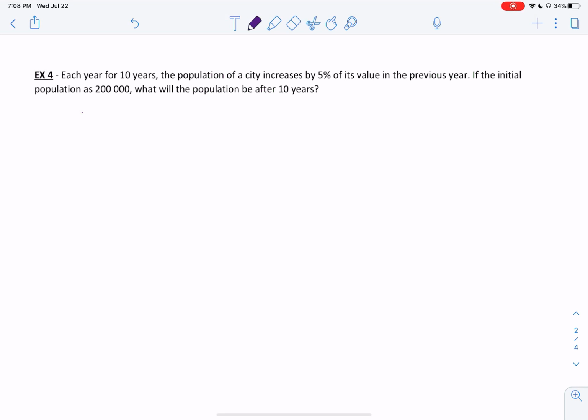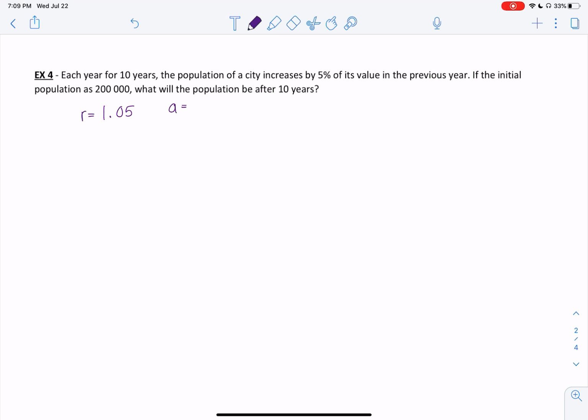So we need to find r, and this is actually very similar to when we were looking for our growth rate in exponentials. We know that it increases by 5% each year, so we're looking for a growth rate. So we add 1 to the decimal. So our growth rate, or our common ratio in this case, is 1.05.